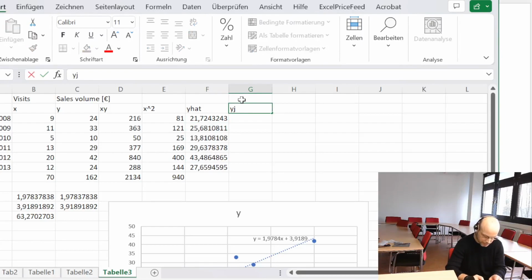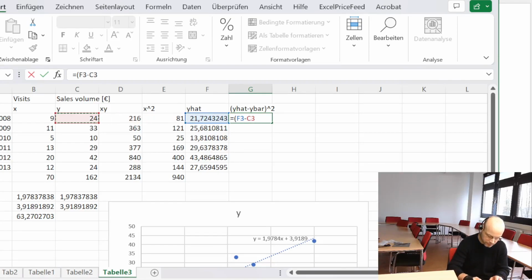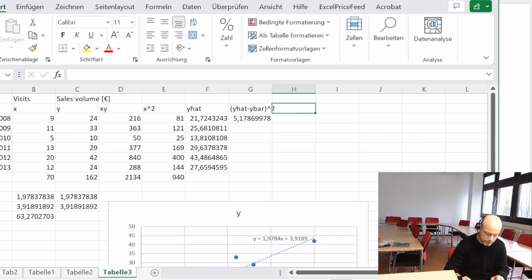So y hat minus y bar, and this we want squared. So this will be y hat 21 minus 24, in brackets and squared.